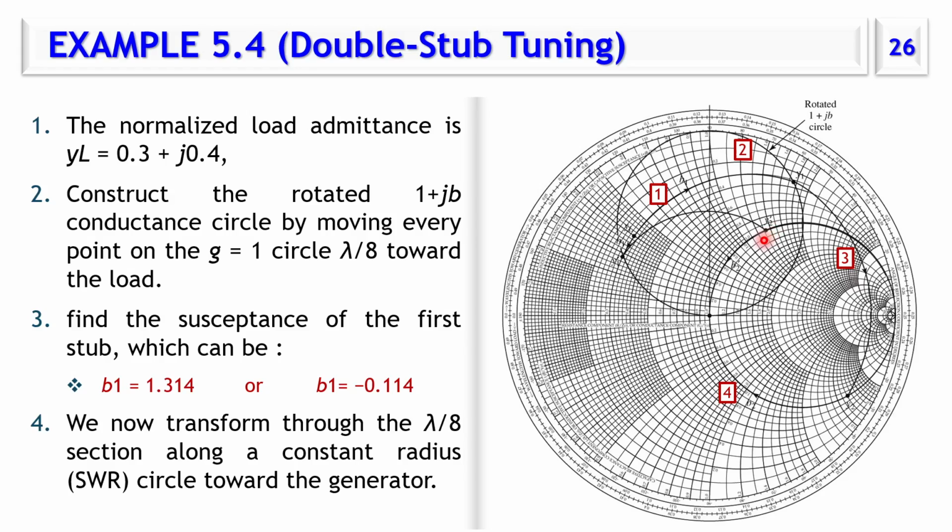So we can find the solution for b1, which is this value. It took us from here to here, so it's 1.34. Like b1 prime, it's from here to here, which is negative 0.114.